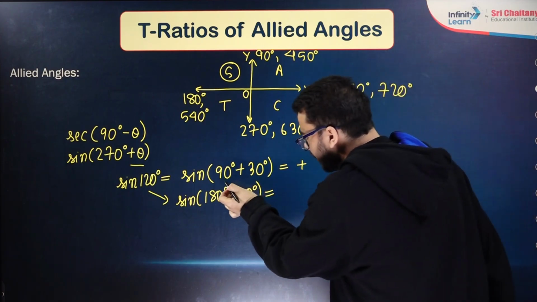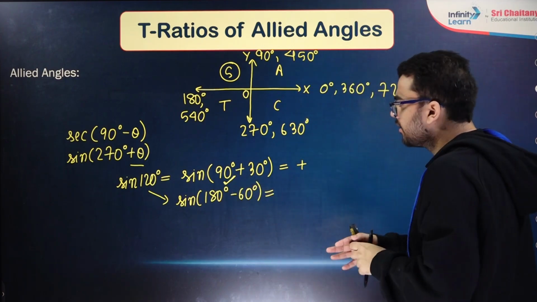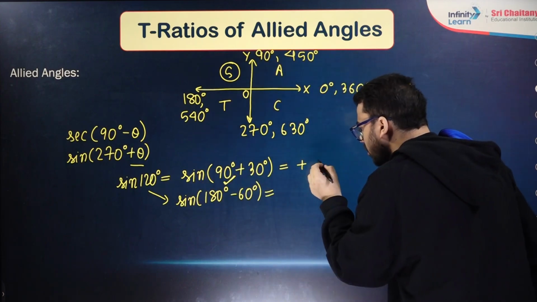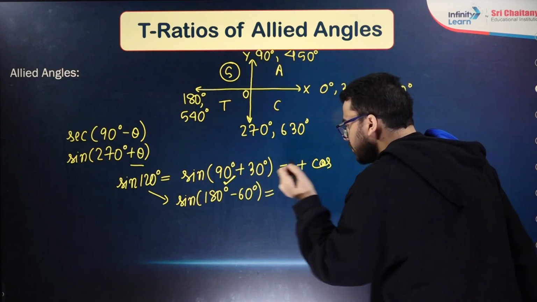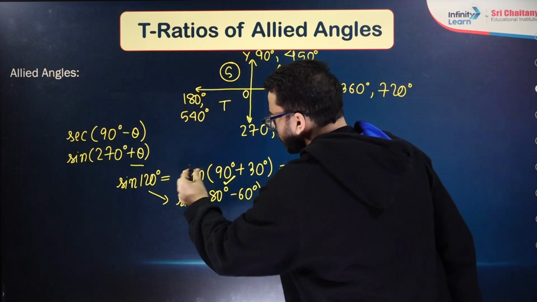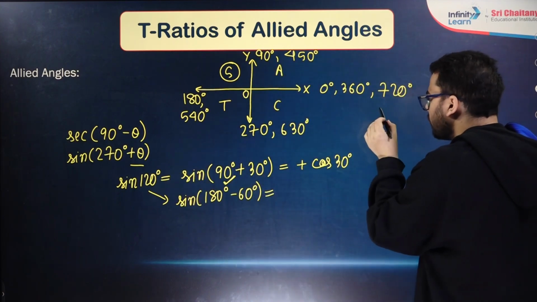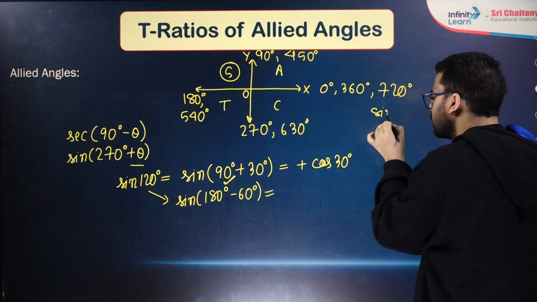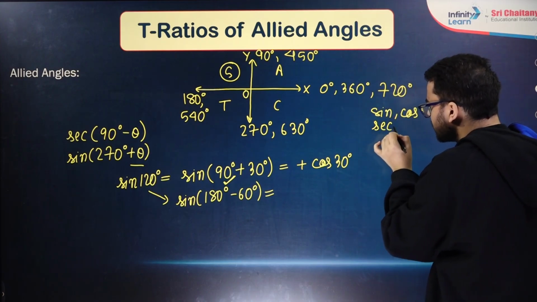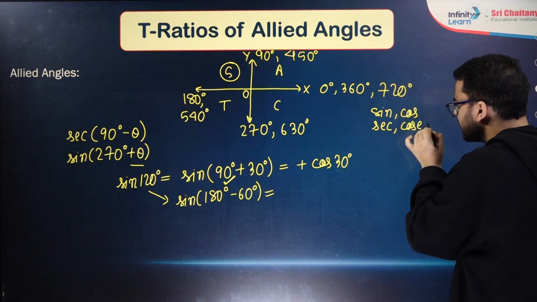Now, when the reference is vertical, sine will change to cos, and you'll put the same angle. They will change to co-functions. By now you already know sine and cos are co-functions, and sec and cosec are co-functions like this.